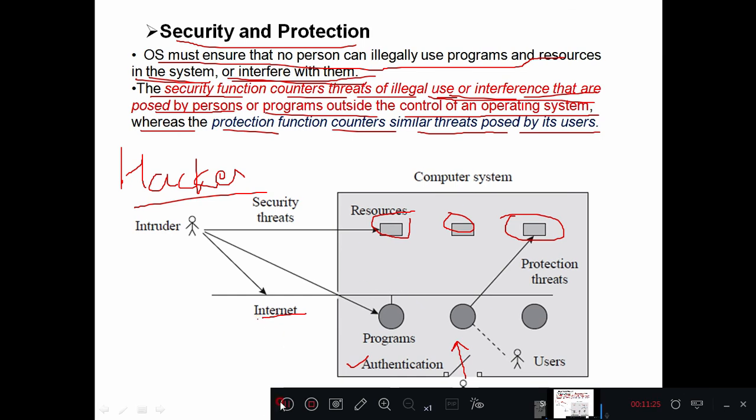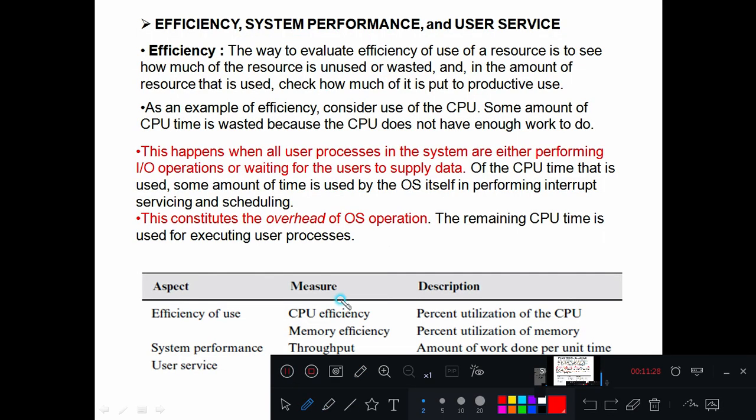Next we will see the three important terms which are associated with the operating system. The first one is efficiency, the second one is system performance, and the third one is user service. First we will see what efficiency is. The way to evaluate efficiency of use of a resource is to see how much of the resource is unused or wasted, right?